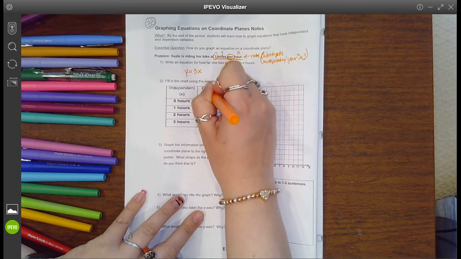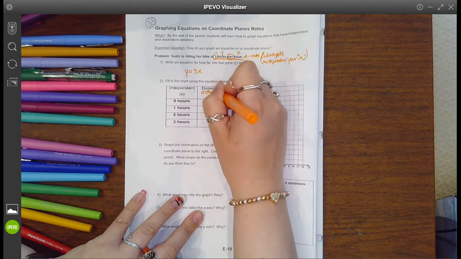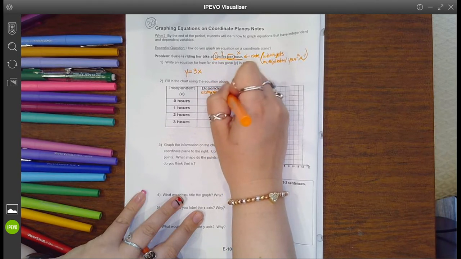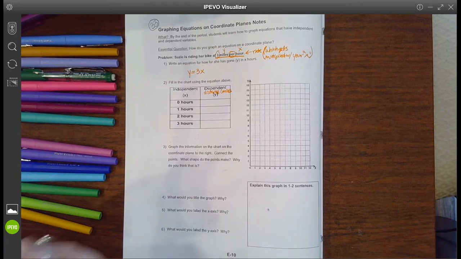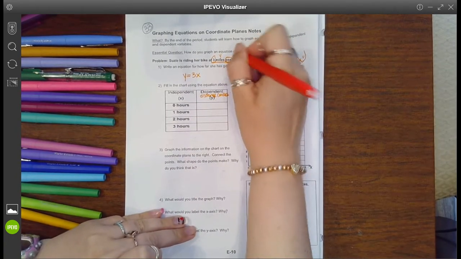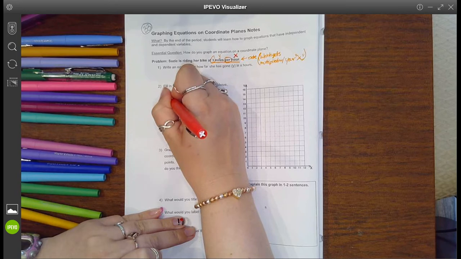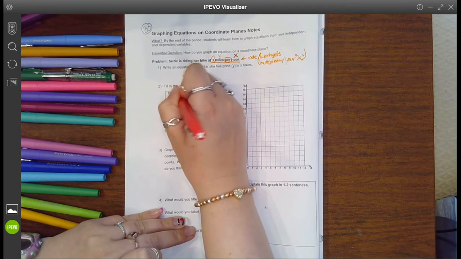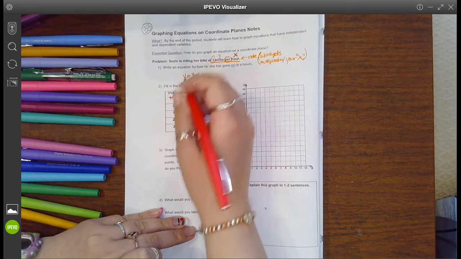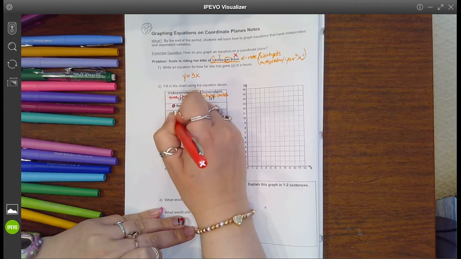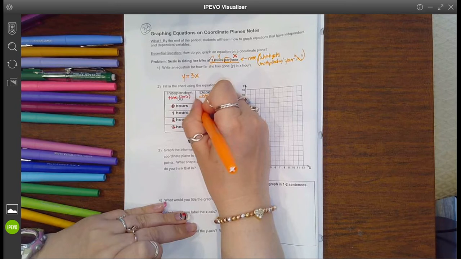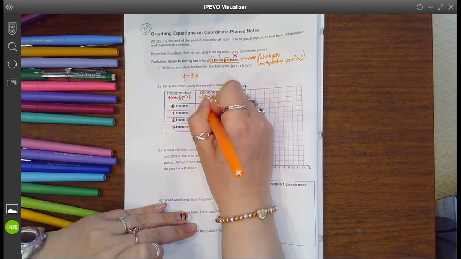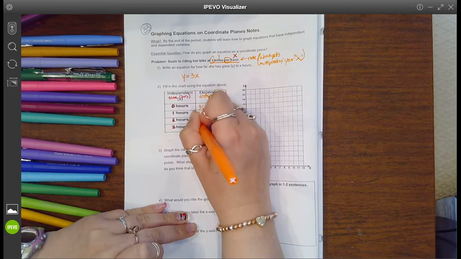In this instance, it's the distance in miles. And your X is talking about the time in hours. So they want you to plug in 0, 1, 2, and 3 to your equation, and your equation, we figured out, is 3x, or 3 times whatever x is.